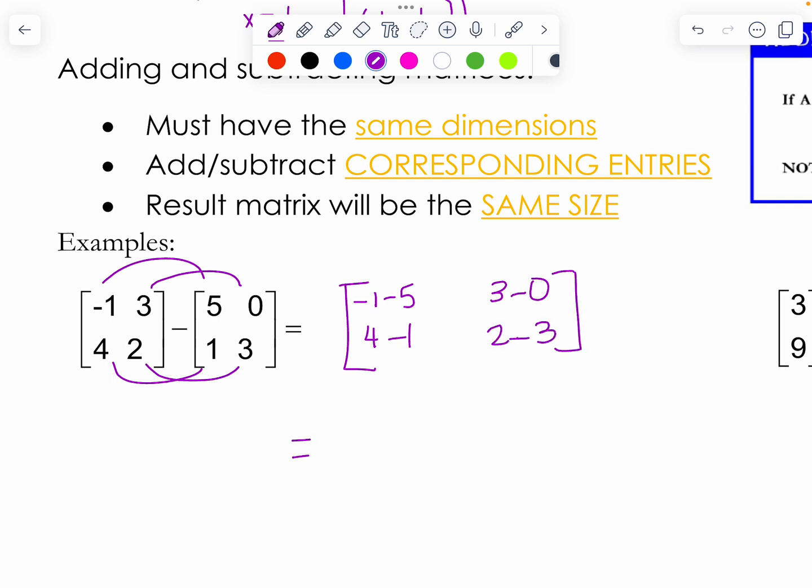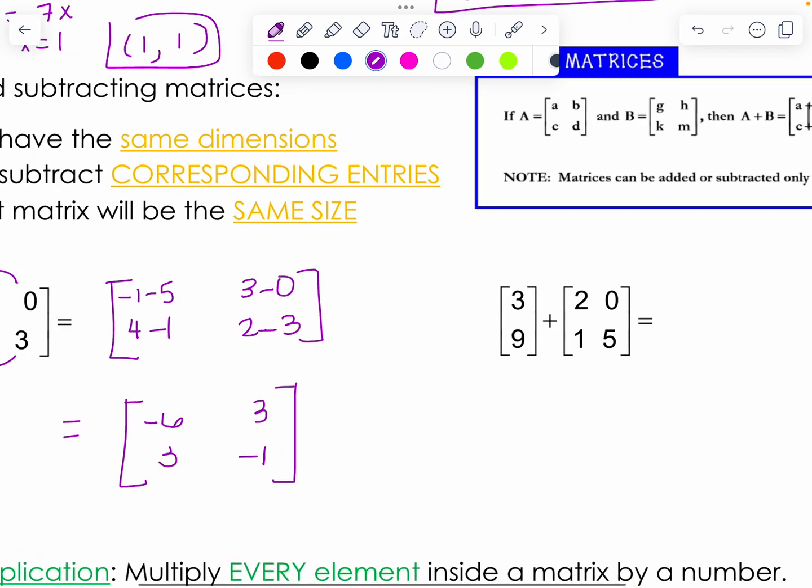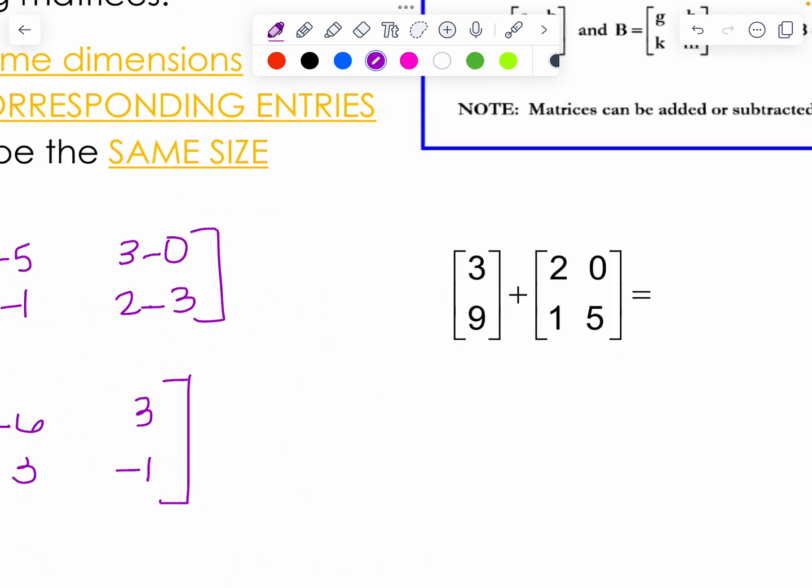My resulting matrix is going to be negative 6, 3, 3, negative 1. Now here, I can't actually add these because they're not the same size. So I'm just going to say can't add, different dimensions.